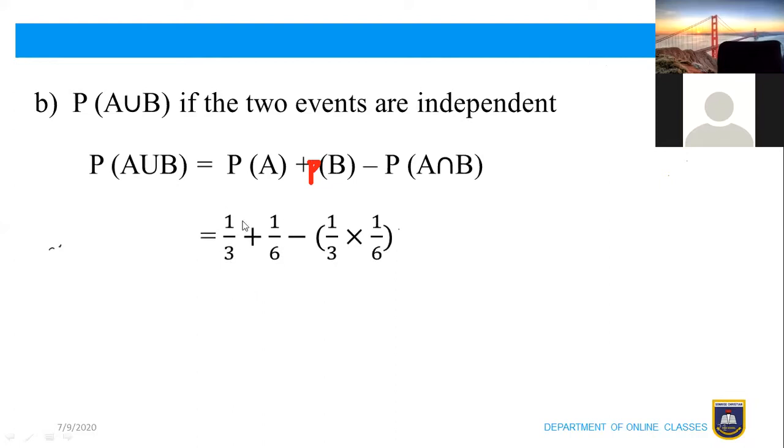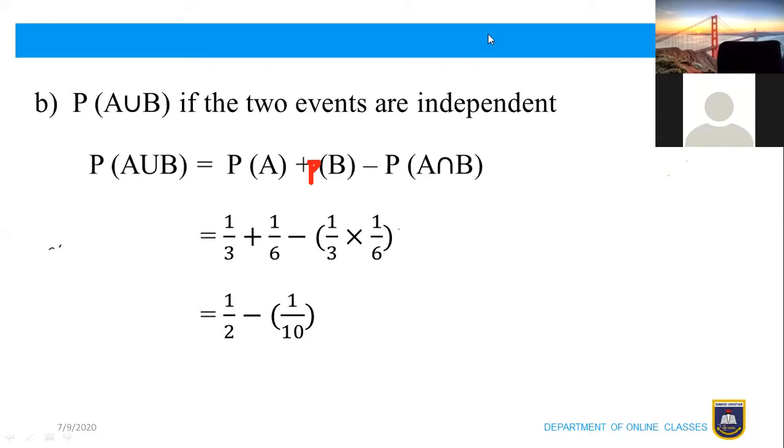This will be equal to probability of A, we know is 1/3, plus the probability of B, we know is 1/6, minus probability of A intersection B will be what? Multiplication, since they are independent. So we have 1/3 times 1/6, and 1 over 3 plus 1 over 6 will give us 1 over 2, minus 1 over 3 times 1 over 6, which will give us 1 over 18, not 10.